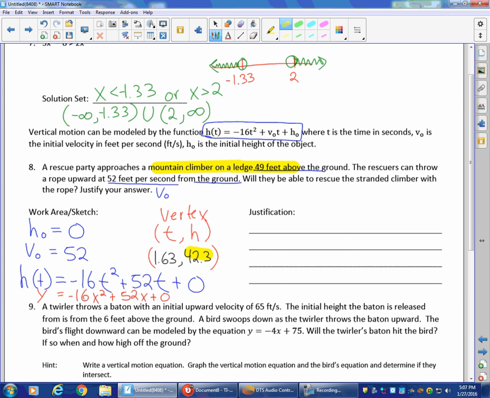Well, 42 is less than that 49, so we could say no, because our climber is 49 feet above them.